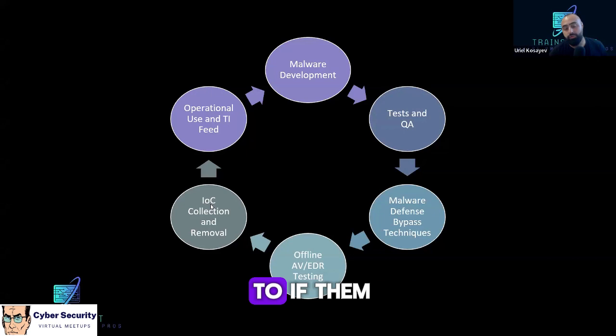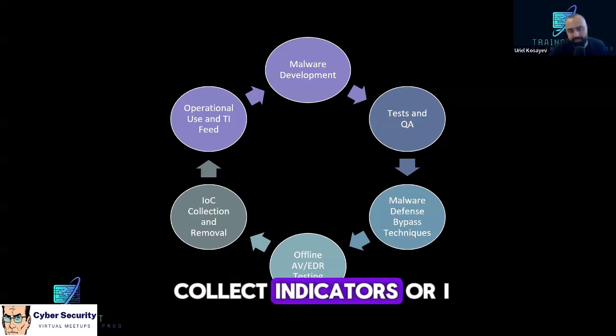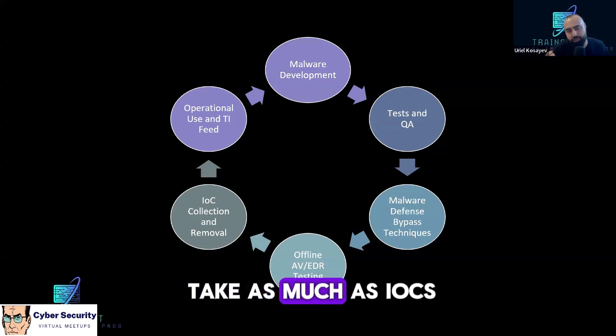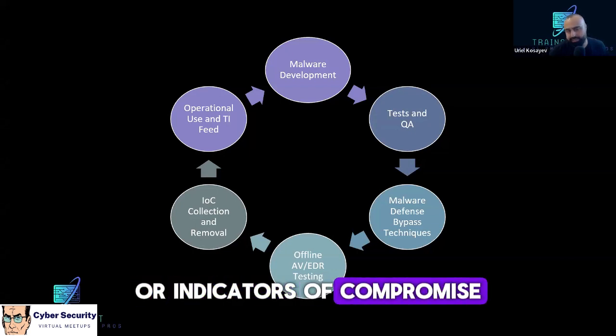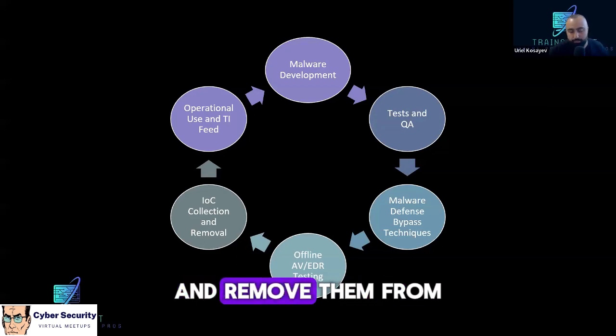If your malware is detected by the EDR or antivirus, you want to make sure you understand how it was detected. So you need to collect indicators, or as I like to call them, IOCs, though that can be misleading. You need to take as many IOCs or indicators of compromise as can potentially be detected in the malware and remove them from it.